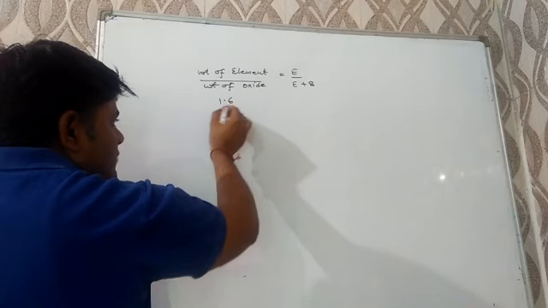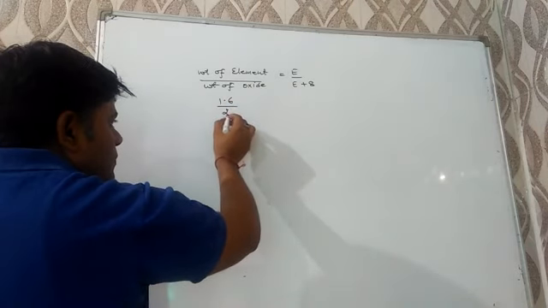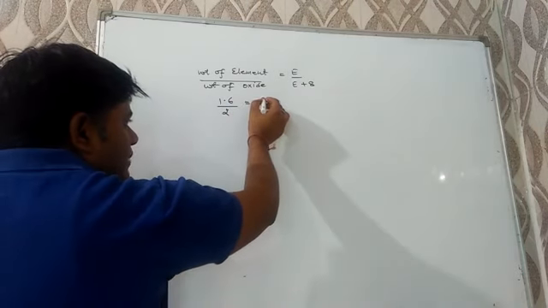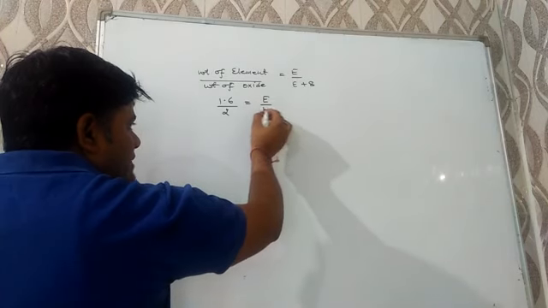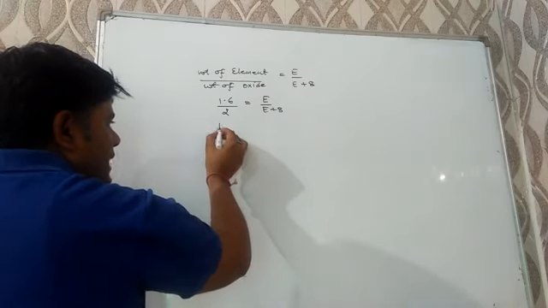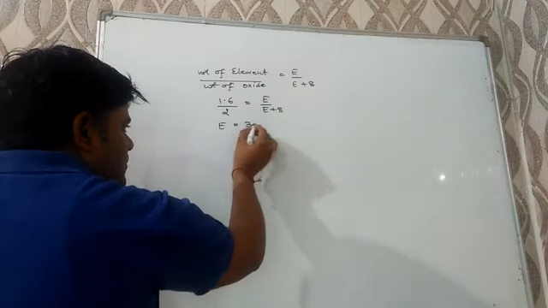So weight of element is 1.6, weight of oxide is 2, so it will be E over E plus 8, and finally we will get the equivalent weight comes out to be 32.